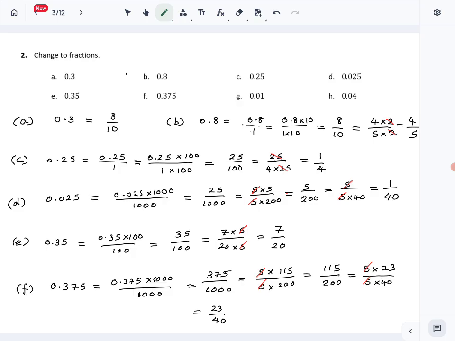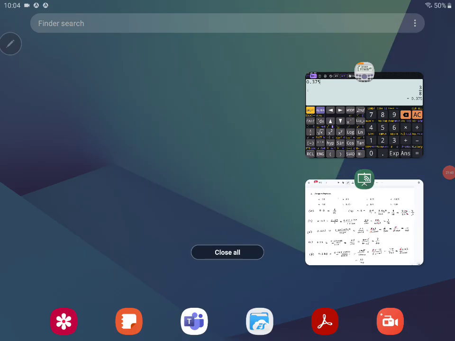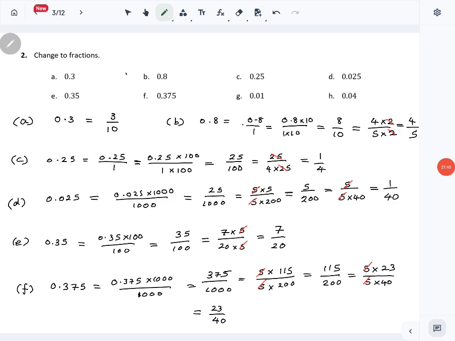Right, so then let's see. So then, right, 0.375 was what? 3/8. So I did a mistake when I did the calculation then.